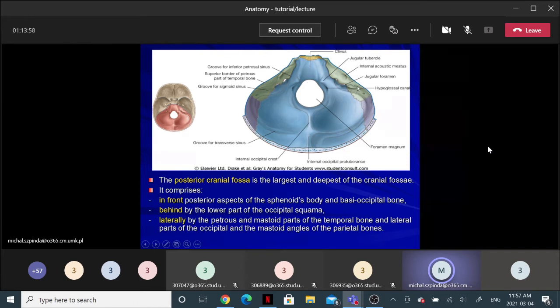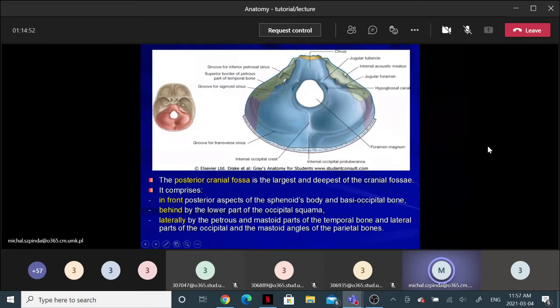But we should now take into account the posterior surface of the petrous temporal bone, at which we can see the internal acoustic meatus, a pore that leads to the internal acoustic meatus, ending in its floor, the fundus, where we have 4 foramina. 3 foramina refer to the inner ear, and one of them refers to the so-called facial area as the beginning of the facial canal.